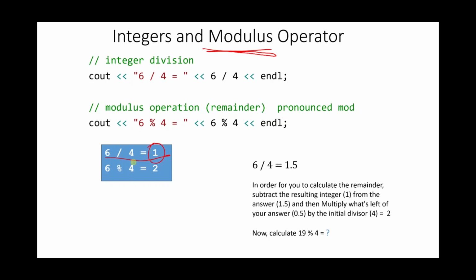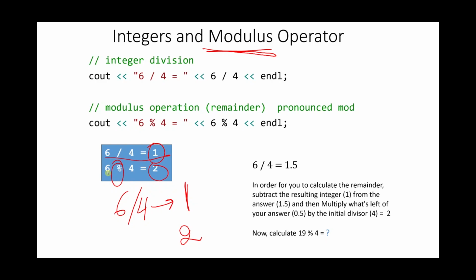Now, 6 mod 4, what is left after you have the division? 2, because 6 divided by 4 is going to give you 1, and we have 2 as a remainder. How do we get the remainder? With the modulus. Okay, how is the modulus being calculated? How do I know it's 2?